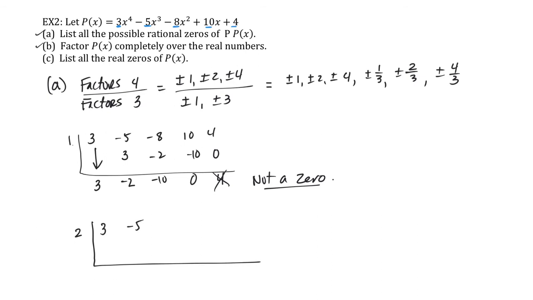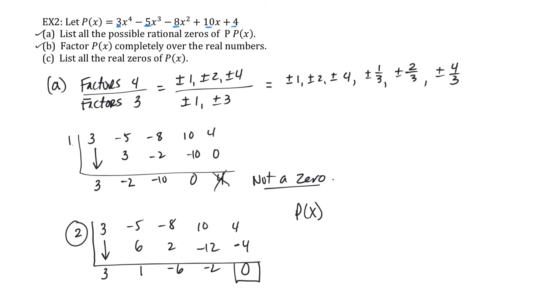So I've got to start with those original coefficients, and we'll try it again. We'd get 6 and 1, 2, -6, -12, -2, and -4. Good deal. So we have a 0 for a remainder, so that means x equals 2 is a 0. So then our polynomial could be written as x minus 2.